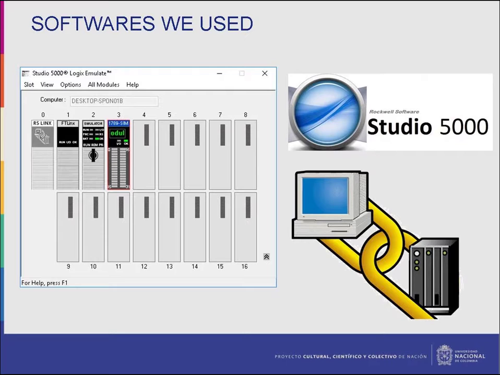For this challenge, we use Logitech Emulate, which is a software that allows us to virtualize Allen Bradley PLCs, with which we can simulate all behavior of a PLC on our computers. We also use Studio 5000, which is the software with which we program our PLC, and we use RSLinx as an OPC server to handle the OPC communication between the PLC and the digital twin.